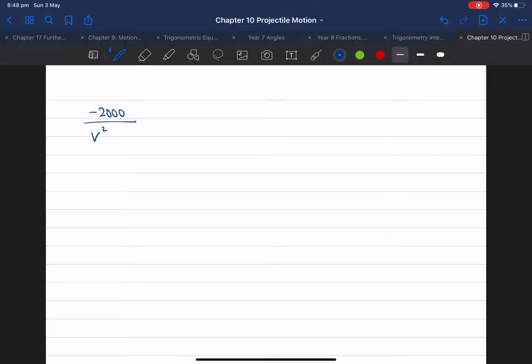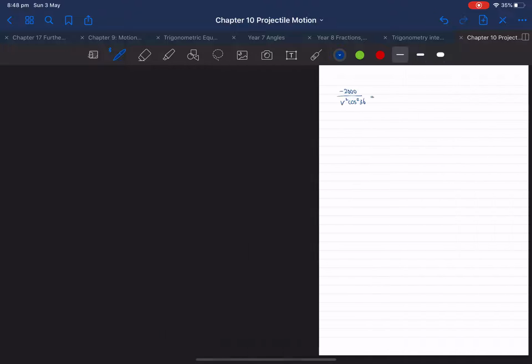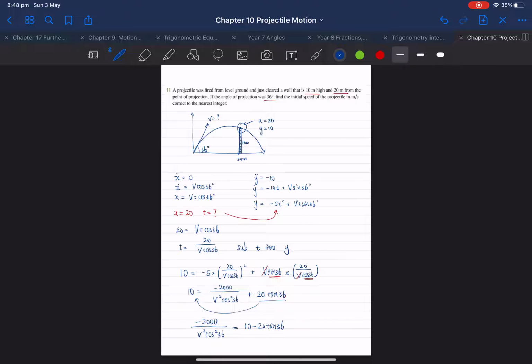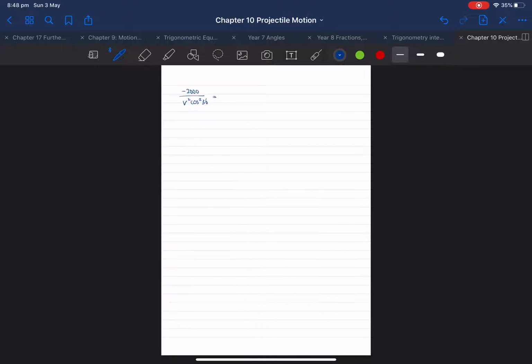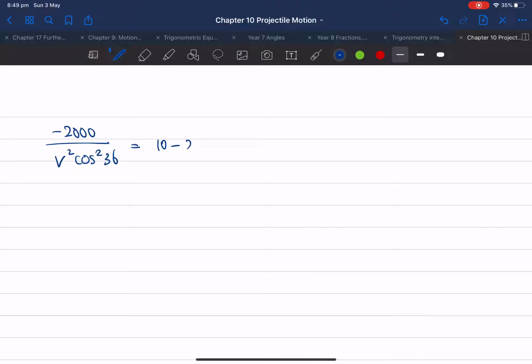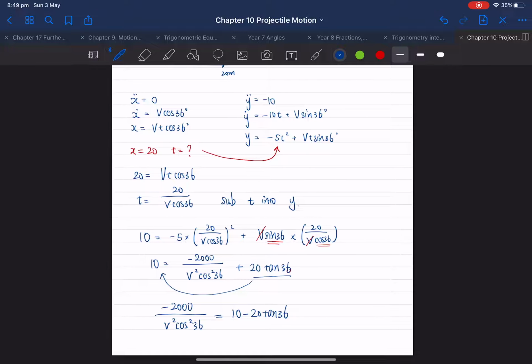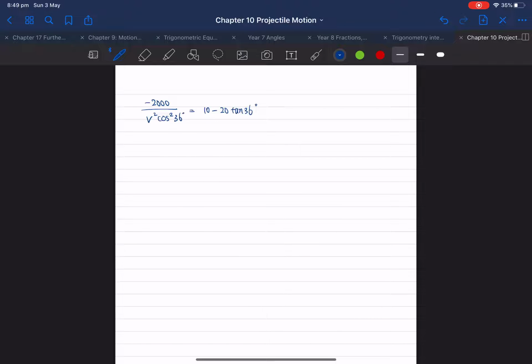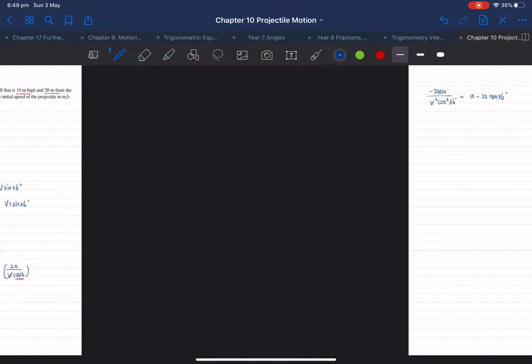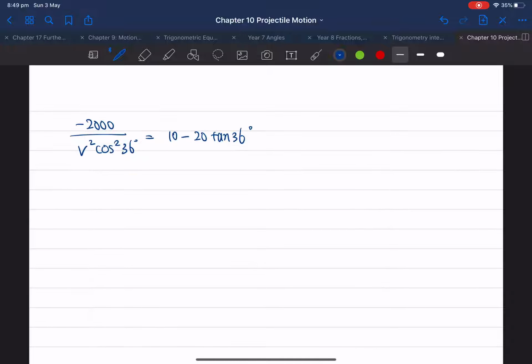V squared cos squared 36 is equal to 10 minus 20 tan 36 degrees. I'm just going to double check, make sure I copy the right expression. All right. Looks like that's correct.